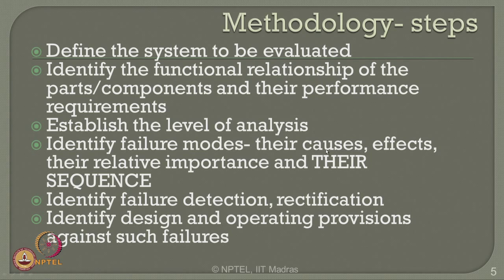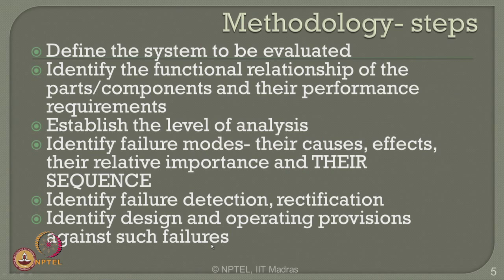Now, it is very clear that you have a question in your mind: how can we envisage a failure mode for a mechanical system if the mechanical system is not in operation? It is an interesting question. That is why I told you in the beginning, for performing FMEA, it is mandatory that you should have a working model, preferably the prototype model, but since these models are very expensive, people generally construct scaled models of these prototypes, and then based on the working mode failures, they identify the sequence of failure.